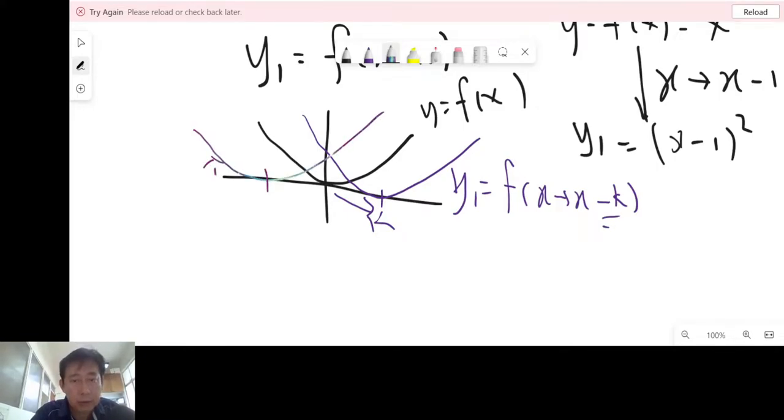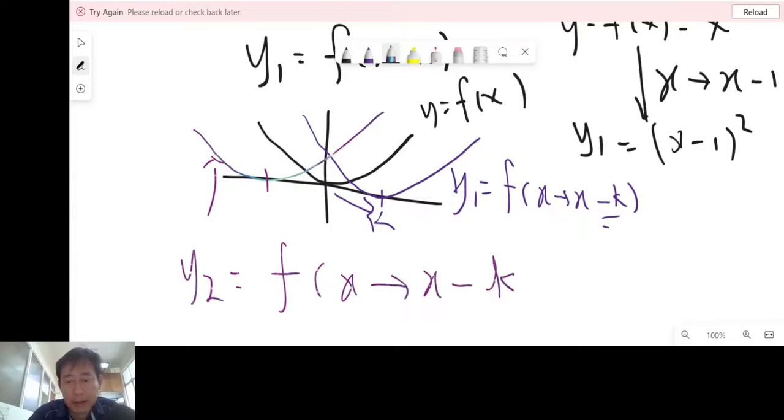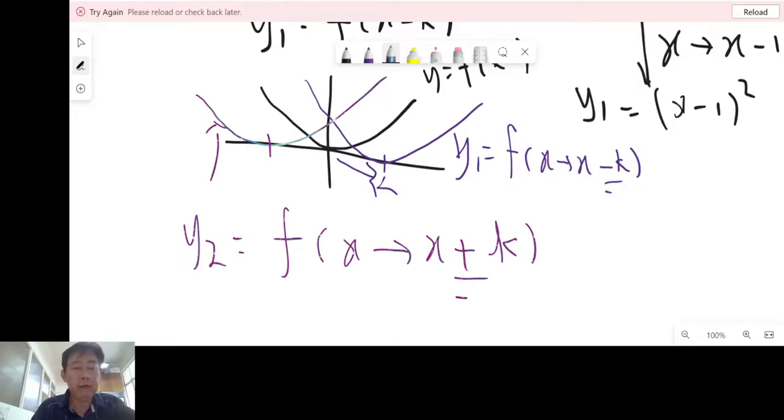This function, I call it y2, can be obtained from the original function f by replacing x with x plus k. Replacing x by x plus k amounts to having a new function which is shifted to the left.